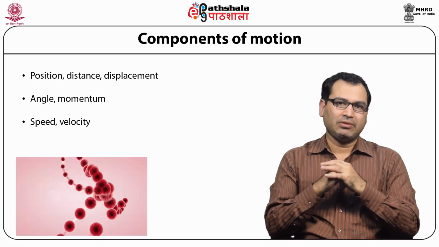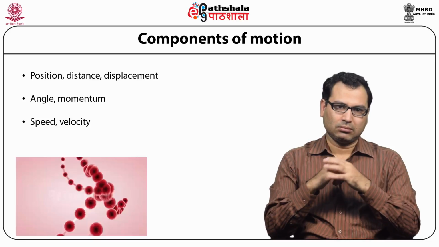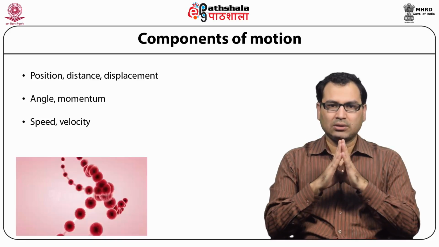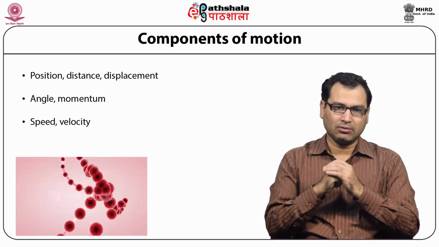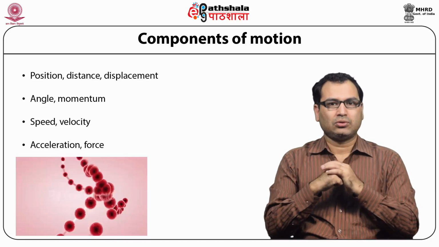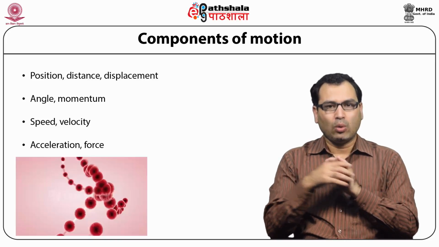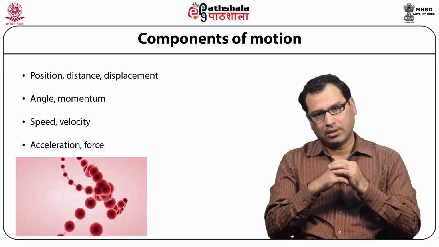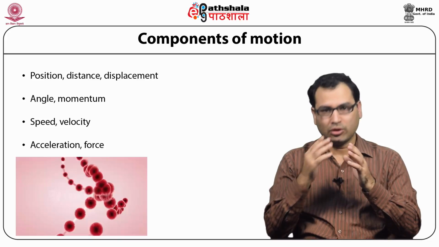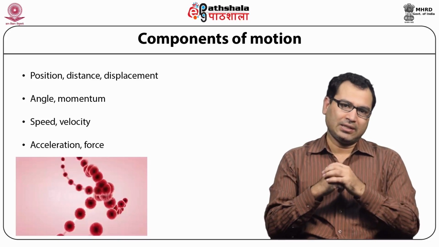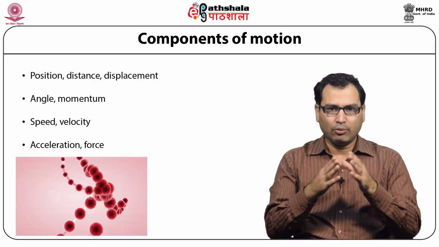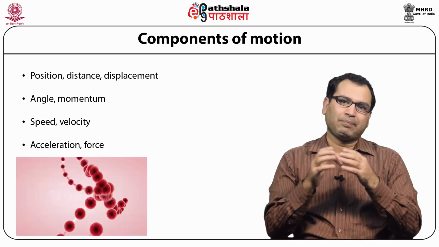Then speed. What is the speed with which the body is moving? Or velocity. These two are different quantities. Speed is a scalar quantity and velocity is a vector quantity. Then acceleration and force. You apply a certain force to a body. What acceleration does it produce in the motion of that object? So you can describe the motion of that particular object in terms of acceleration or force acting on it and so on.